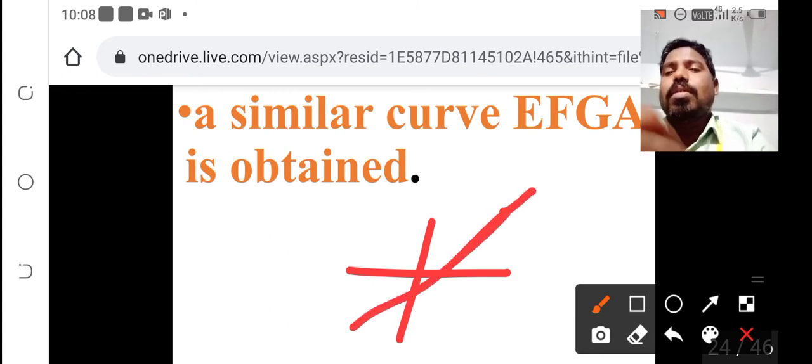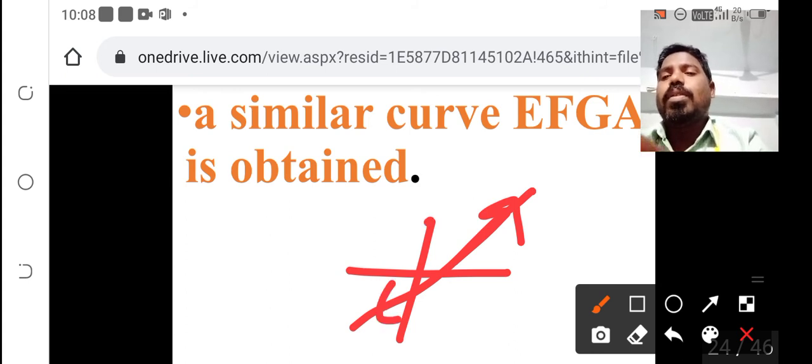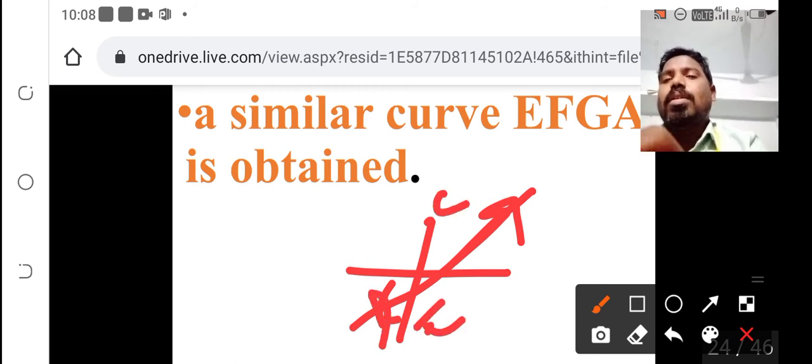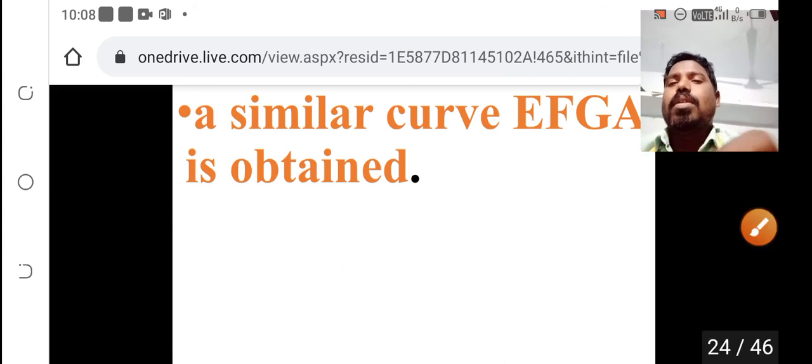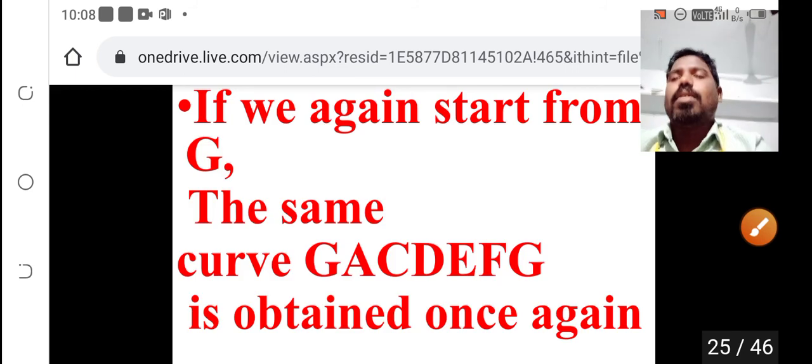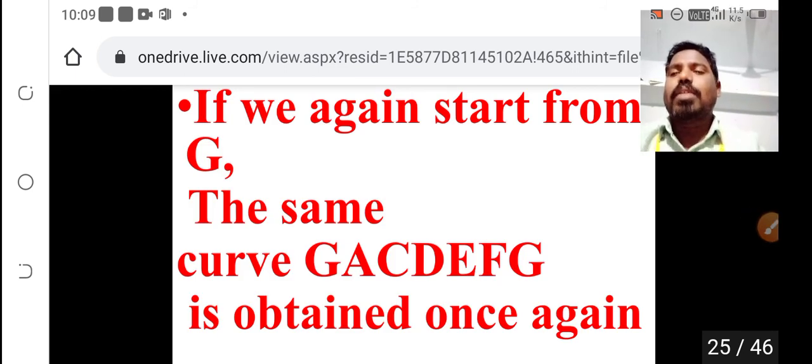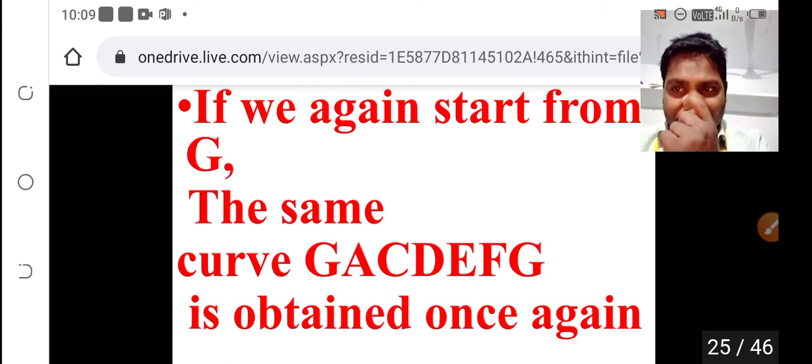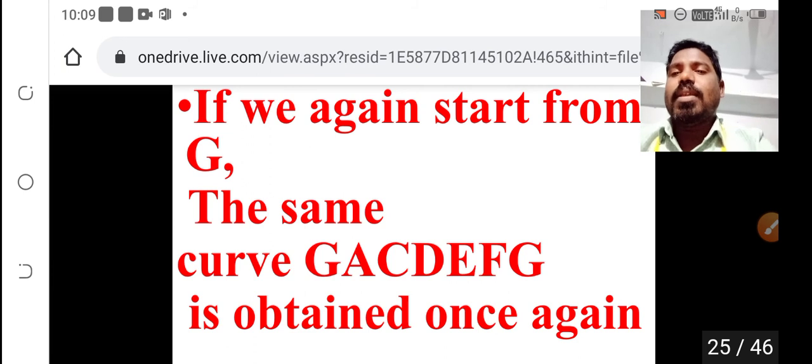This is OA. This is point C, point D, and so on: C, D, E, F, G, A. So a curve will be formed, that is E, F, G, A. If we again start from G, the same curve G, A, C, D, E, F, G is obtained.